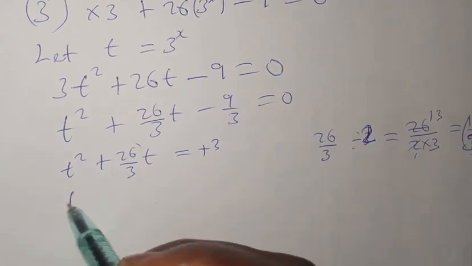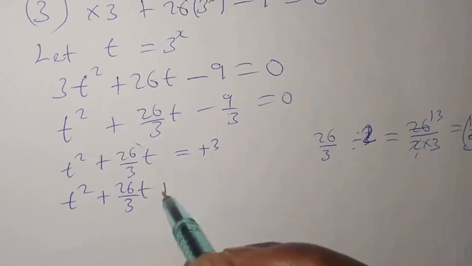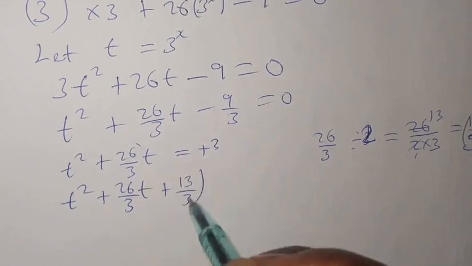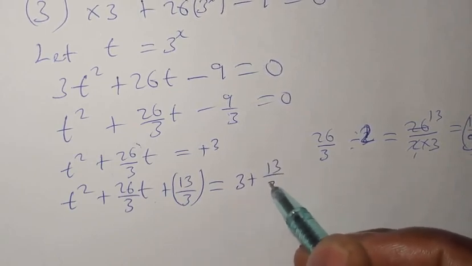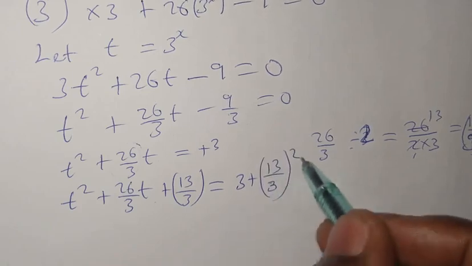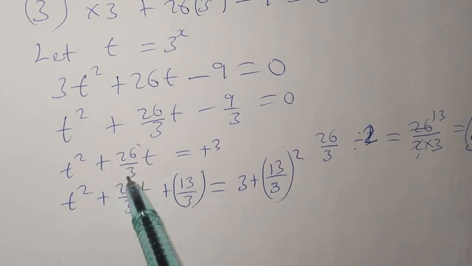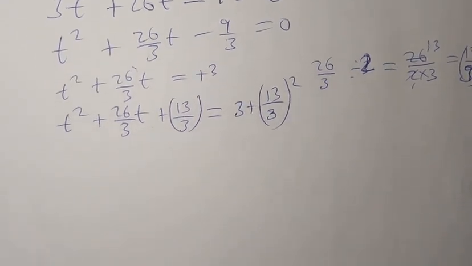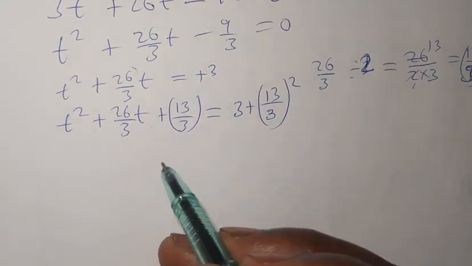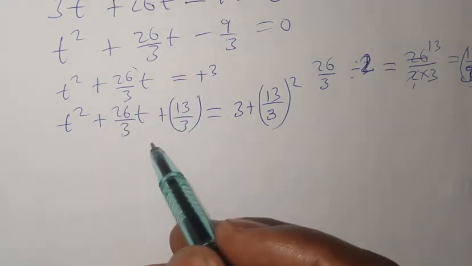That is, we have t squared plus 26 over 3 t plus (13 over 3) squared equals 3 plus (13 over 3) squared. Remember, you find half of this, square it and add it to both sides. That's what we just did here. Then the next thing is that we can combine this so that it will be in one place.